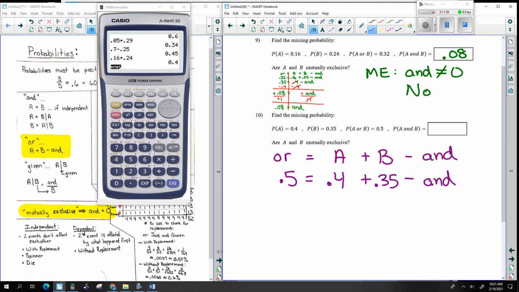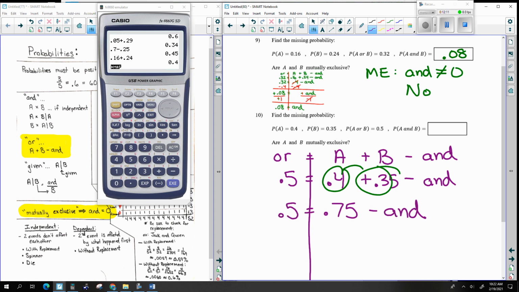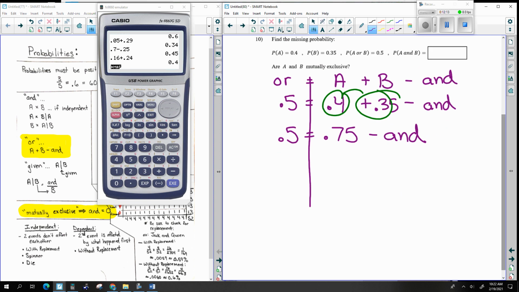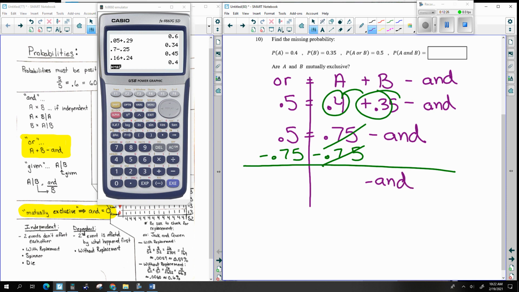Again, 3 things on one side, chances are you can combine at least 2 of them. So I'll just put these together, and that's 0.75. Getting and all by itself, I subtract 0.75, so that leaves me with a negative and.